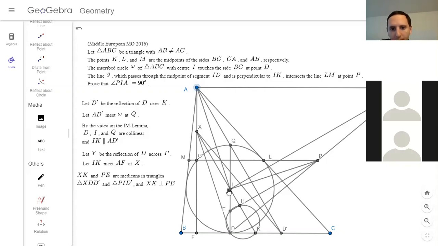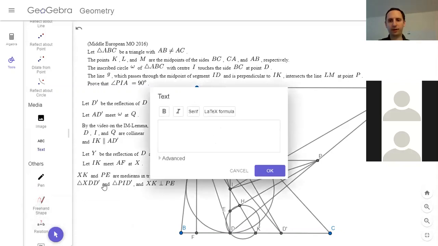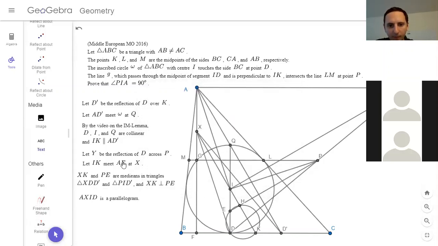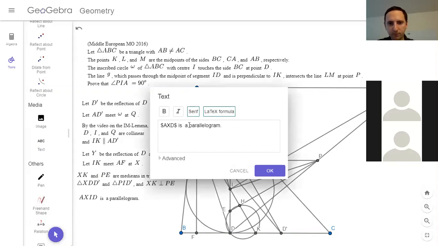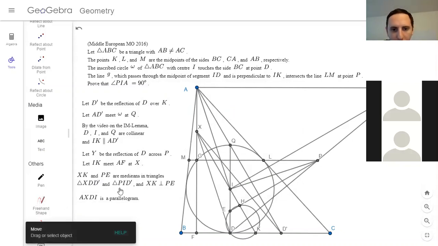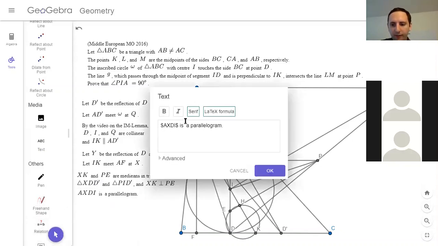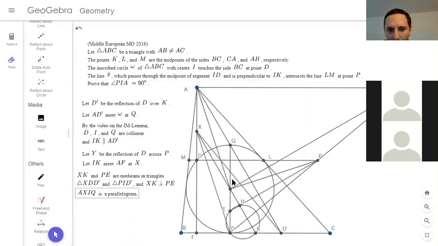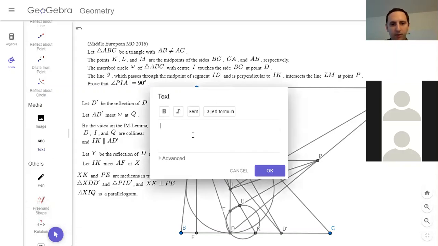So that means since ID is equal to IQ, okay, so yeah. So first of all, AXID is a parallelogram. I'll say AXIQ is a parallelogram, so that's obvious. And then IQ is equal to ID, means that AXDI is a parallelogram.